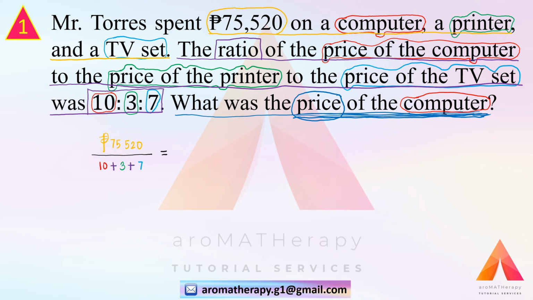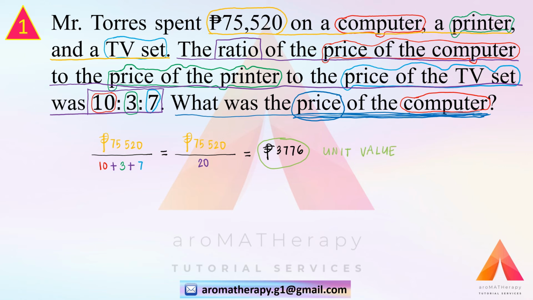This is equal to 75,520 pesos over, what is the sum? 20. This is equal to 3,776 pesos. This will be the unit value.